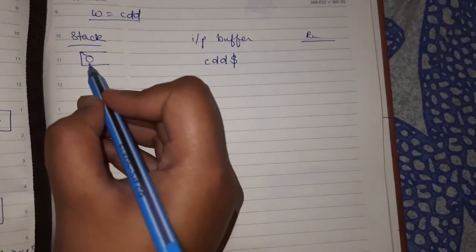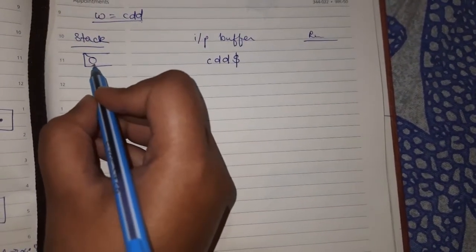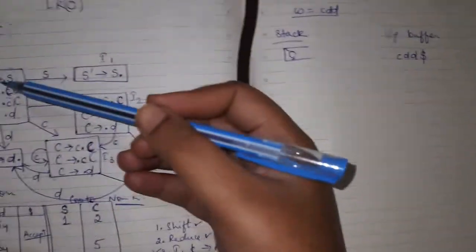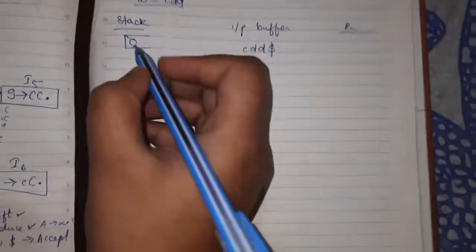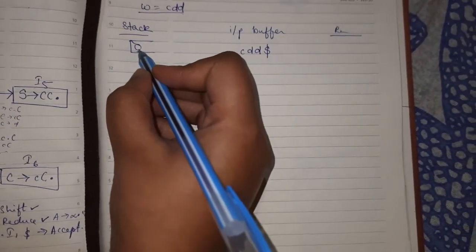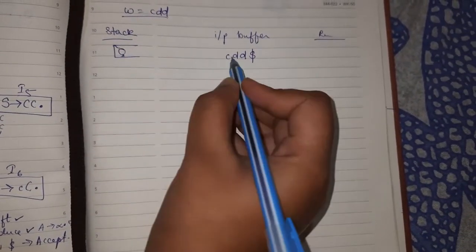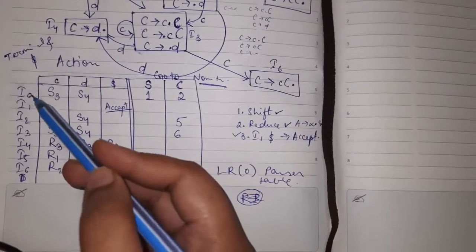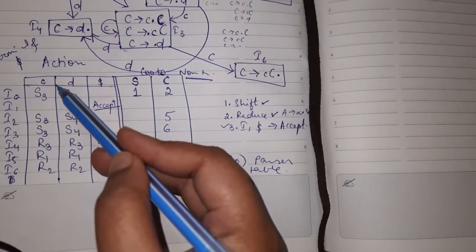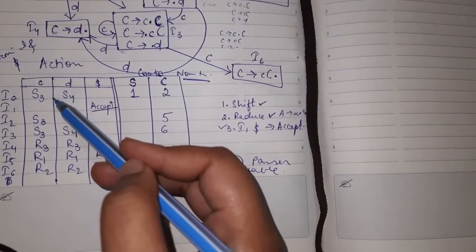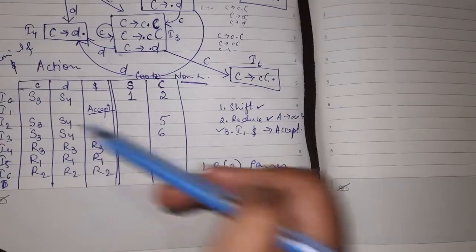So here from 0, since I had started the transition state with I0, now the stack means 0 with C. I have to refer here 0 with respect to small c is S3, means shift 3.